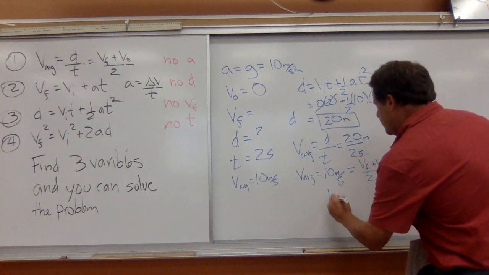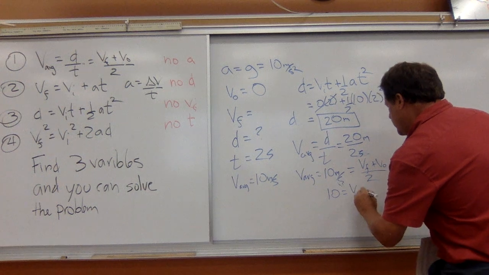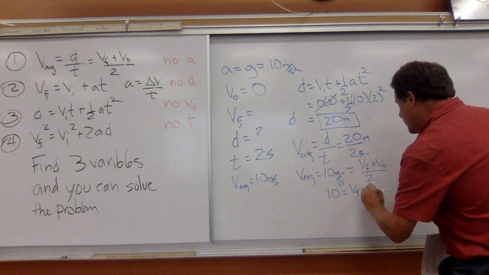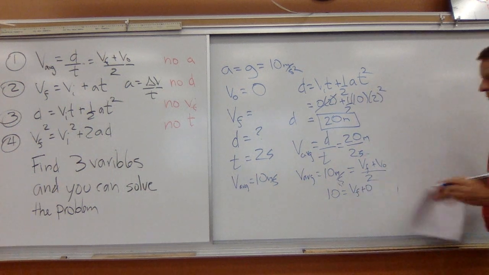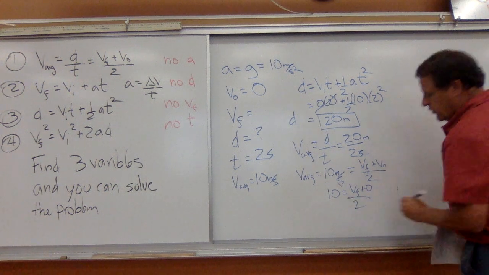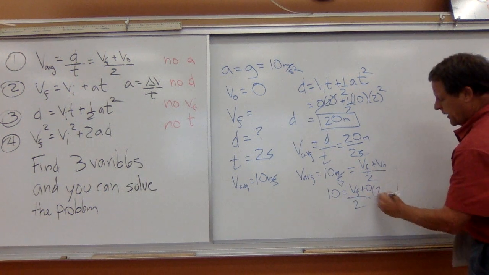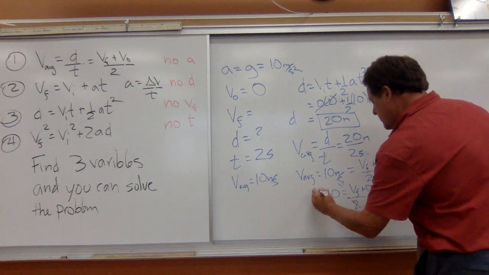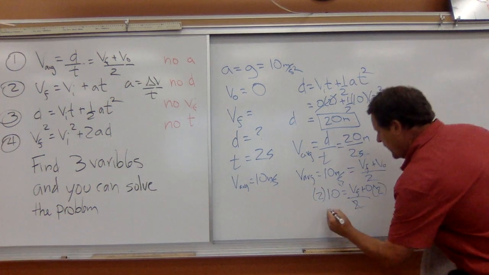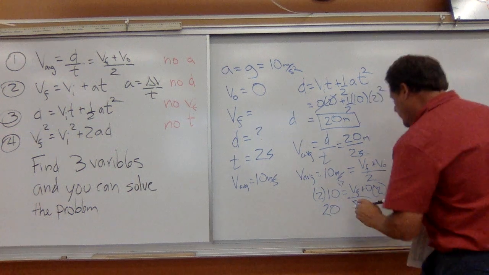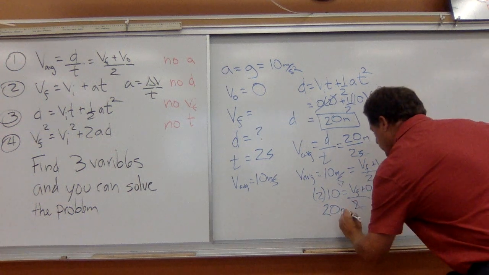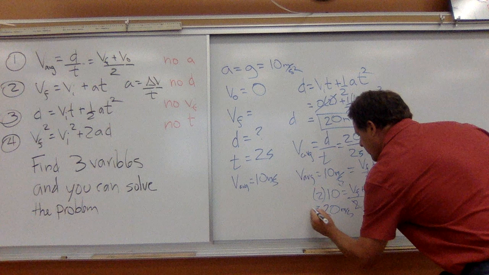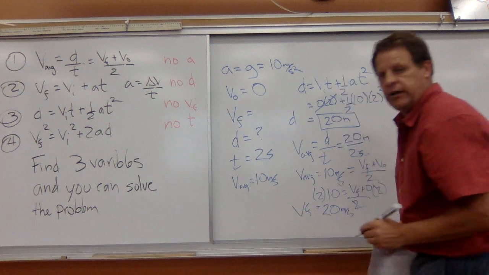So we're going to have 10 is equal to v final plus 0, our initial velocity was 0, divided by 2. We multiply both sides by 2, and we get an answer of 20 meters per second. That's going to be our v final.